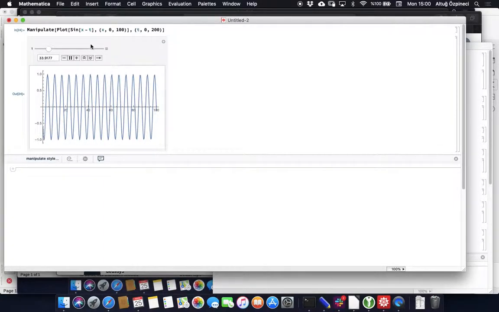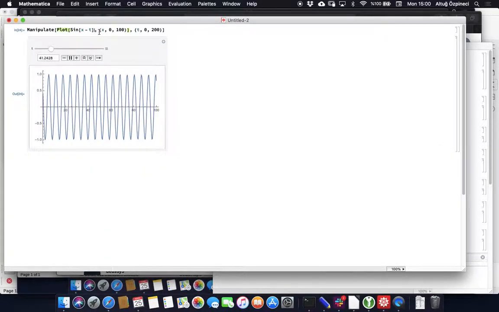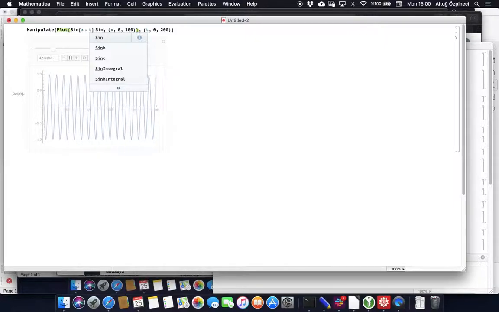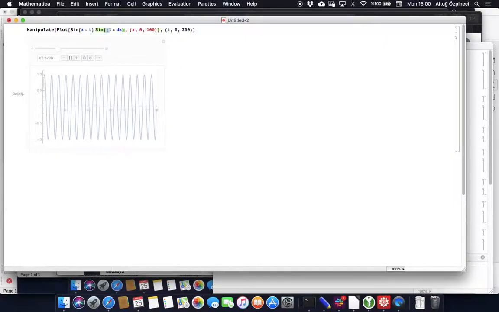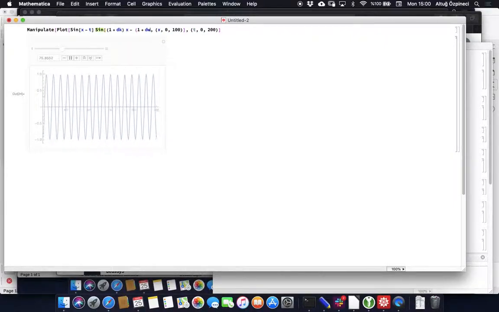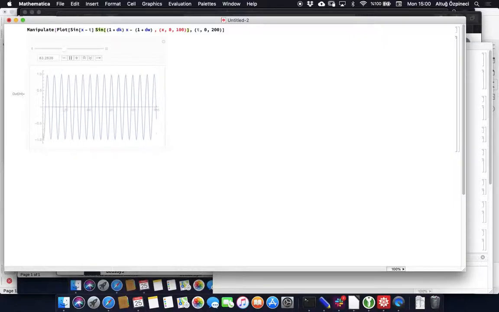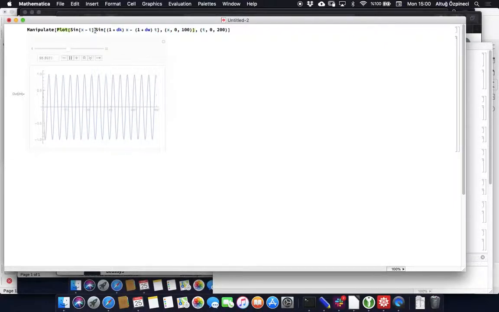Now let's add two waves, not just one. And the other one will differ from this one slightly. Are they multiplied? No, they are added.